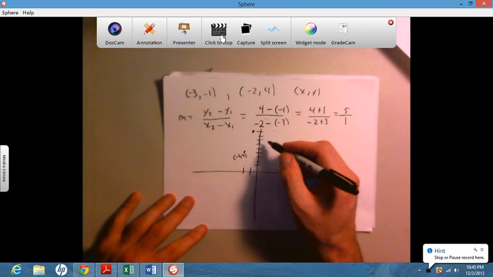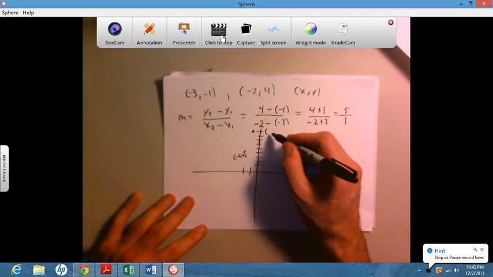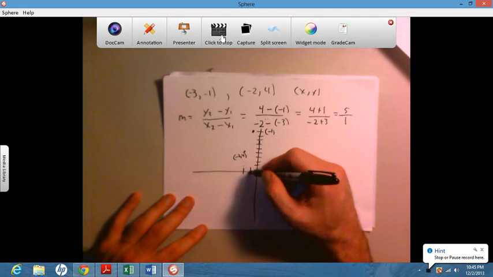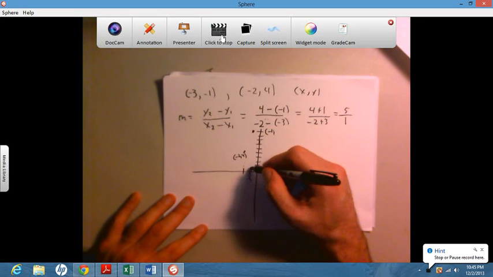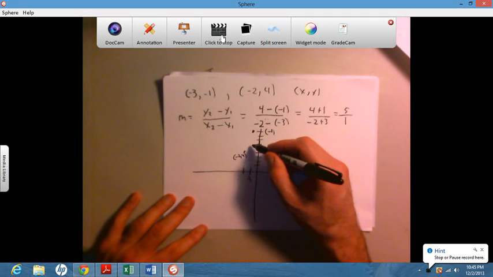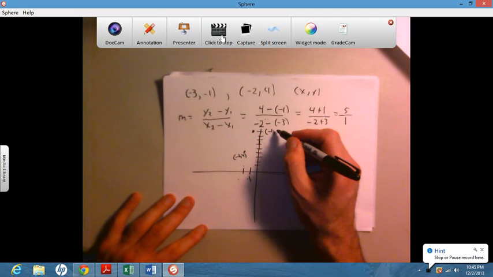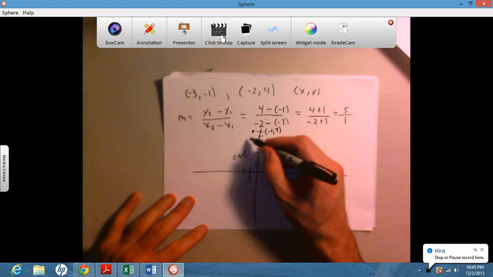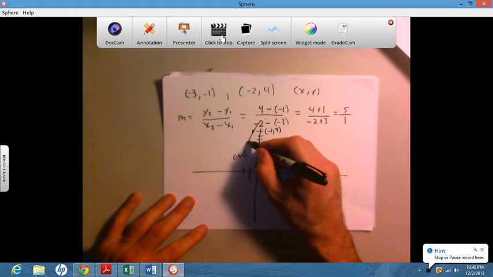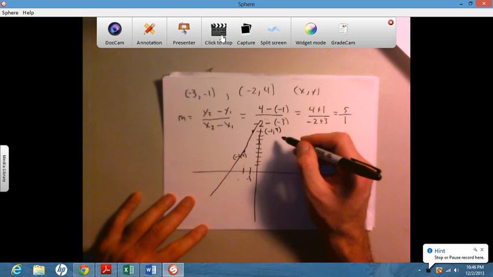This is the point at x equals -1, and then up 1, 2, 3, 4, 5, 6, 7, 8, 9. So this is the point -1, 9. And there's a straight line going through both of these, or the best that I can draw it, that looks like so.